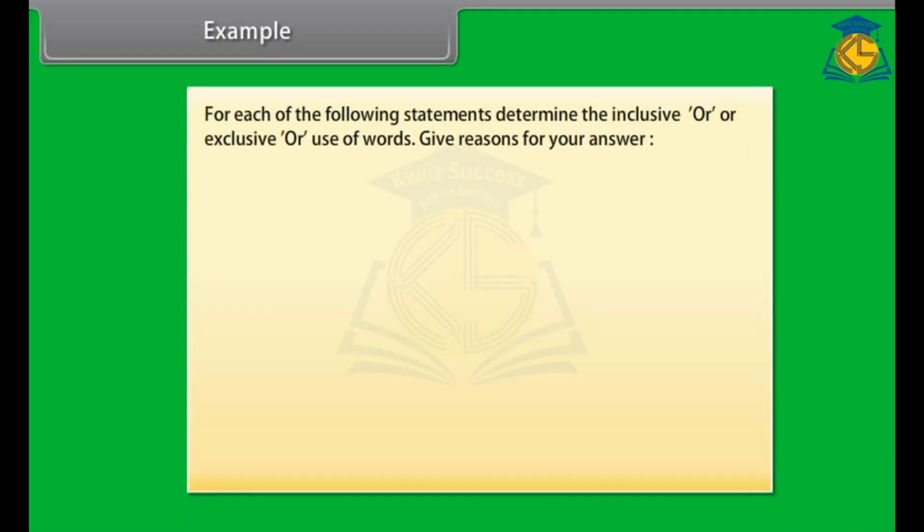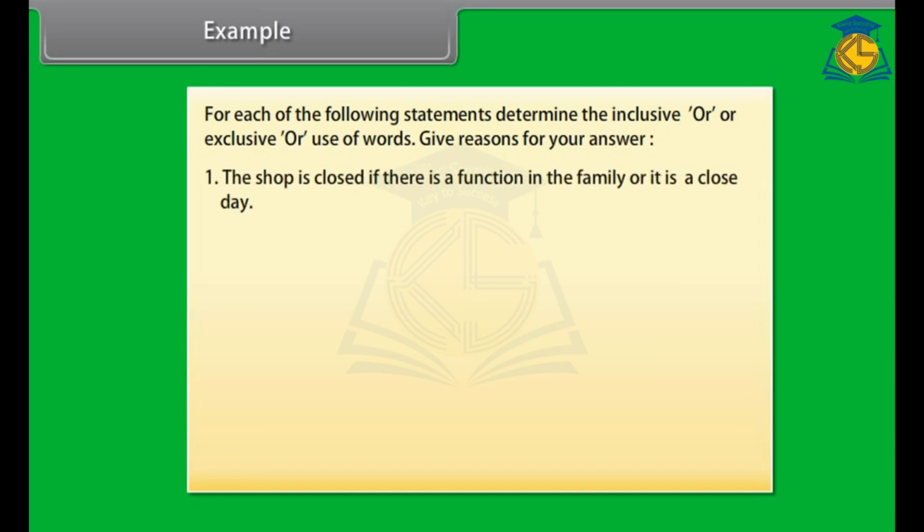Example: for each of the following statements, determine the inclusive or exclusive use of the word "or". Give reasons for your answer. The shop is closed if there is a function in the family or it is a closed day. Students can offer Sanskrit or Urdu as a third language.